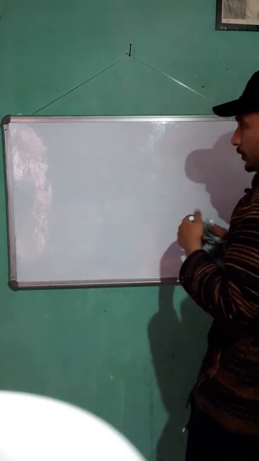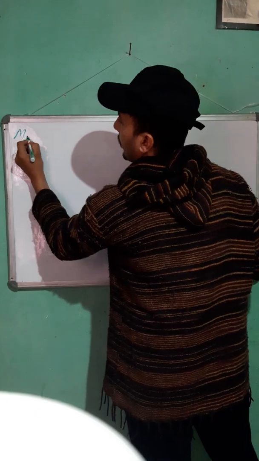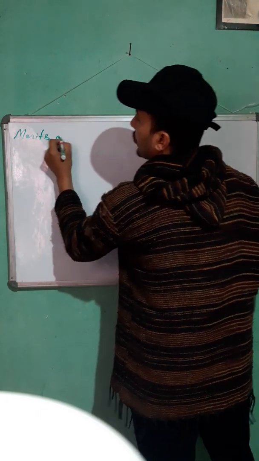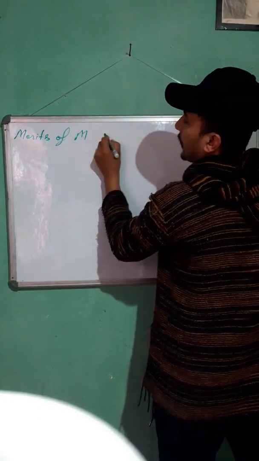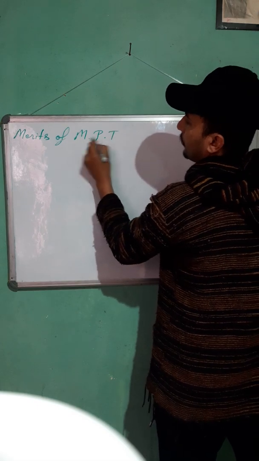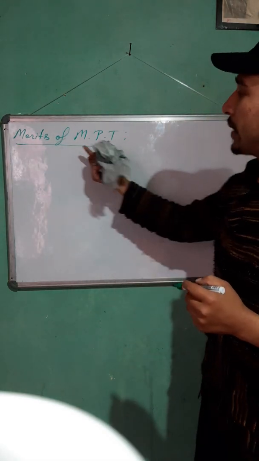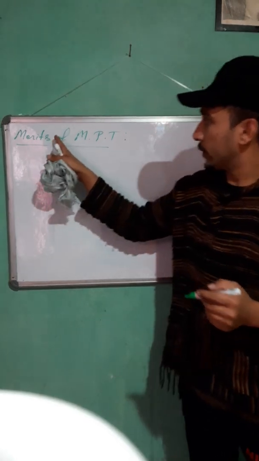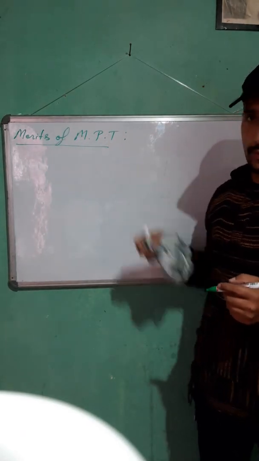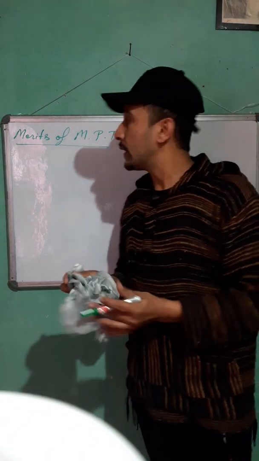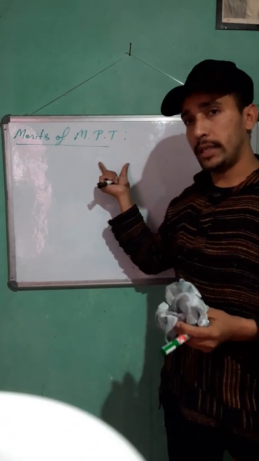Now let's move on to the merits of the modern periodic table. MPT means modern periodic table. In short form I have written it like this, MPT, but you write it properly, modern periodic table. So you can note a question: state some merits of modern periodic table.